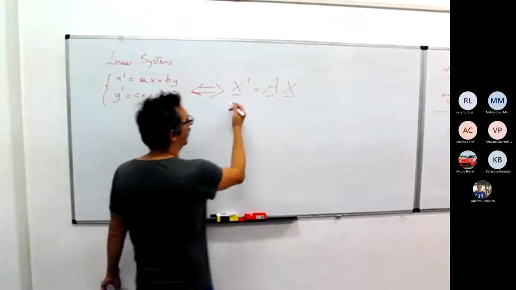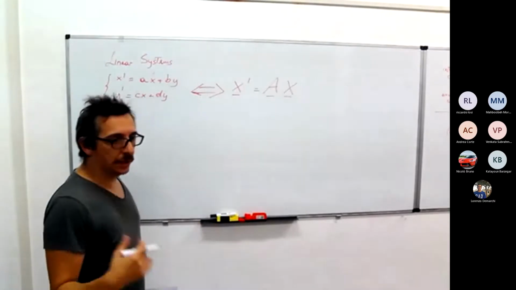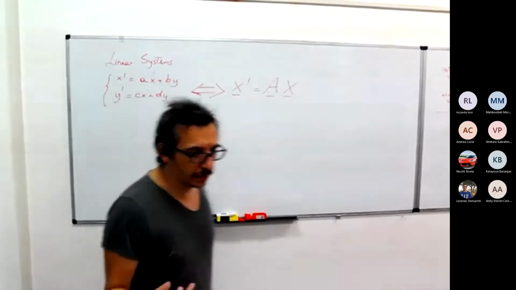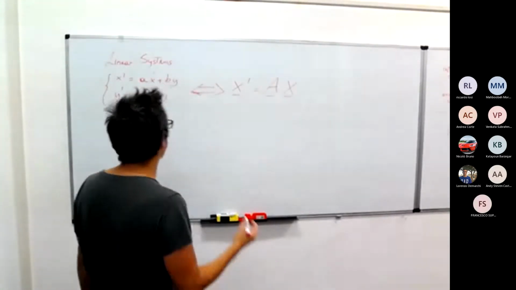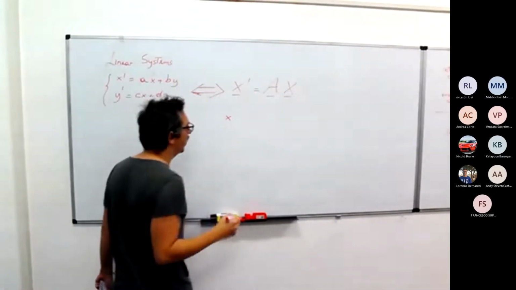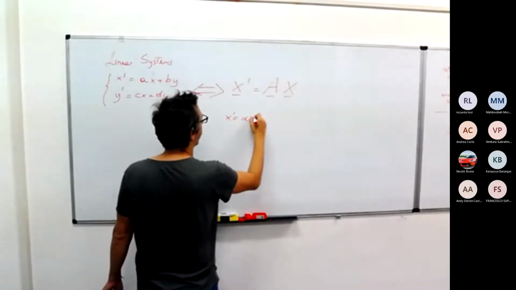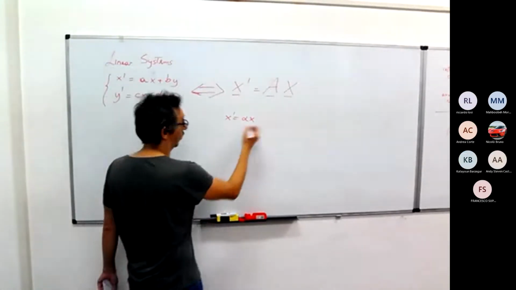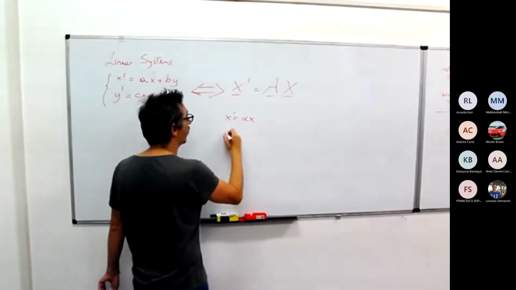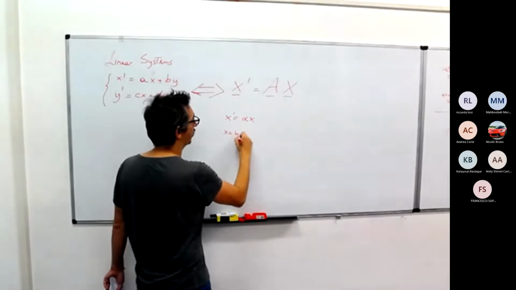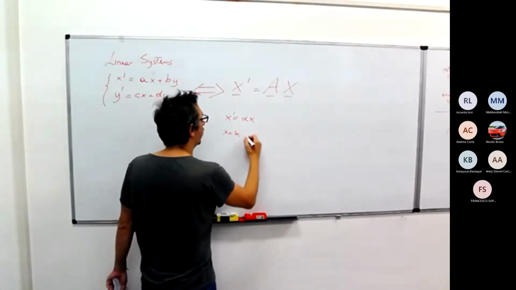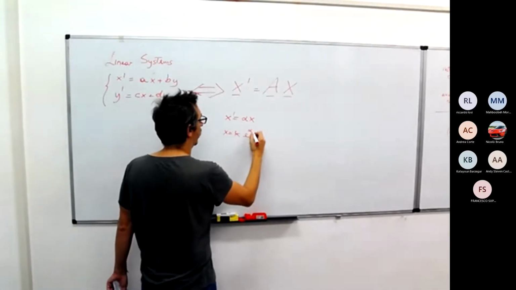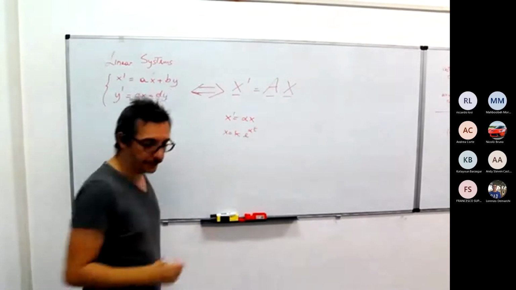Indeed, this equation resembles a lot the equation for a one-dimensional ODE, x prime equal to some alpha x, whose solution we discovered yesterday to be equal to some constant k times the exponential of alpha t.